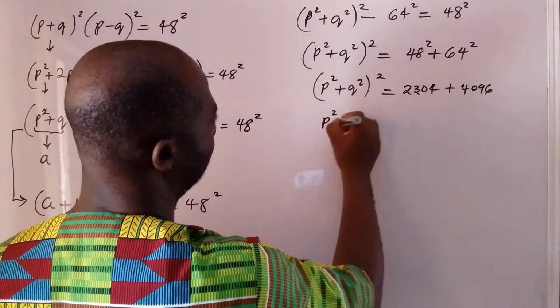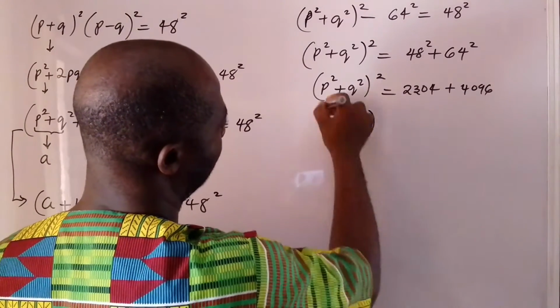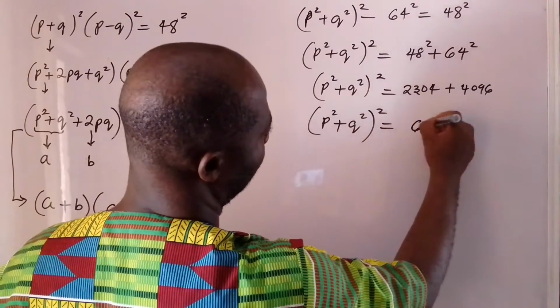So I have p squared plus q squared all squared equals 6,400.